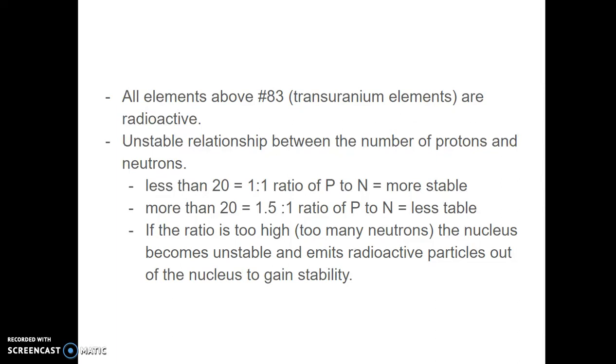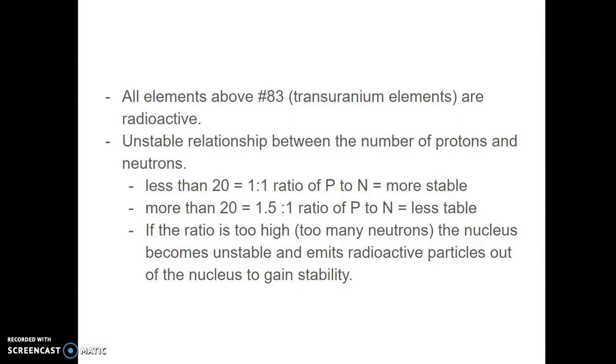But as you get above element number 20, you start to lose that 1-to-1 ratio, and you get more to a 1.5-to-1, or even a 2-to-1, or a 3-to-1 ratio in terms of the number of neutrons to protons. And it becomes less stable at that point, because you end up with more neutrons than the atom can handle.